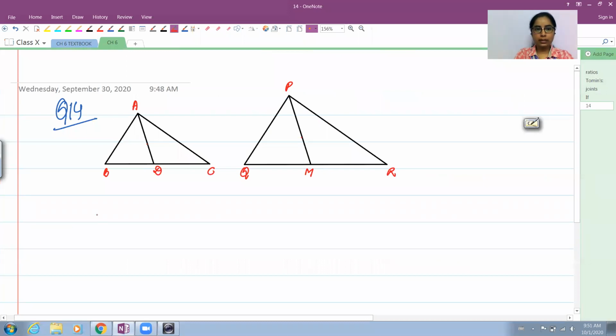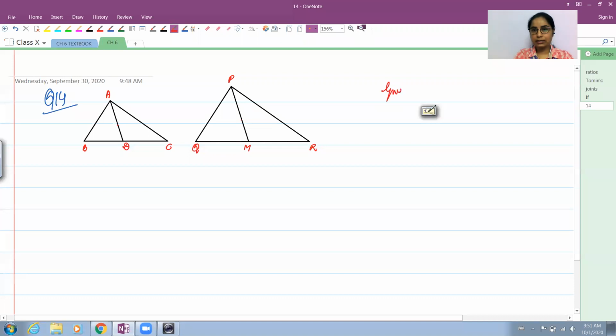Before we do anything, let's write down the given and the to prove part. You can simply write that on your own. I will be writing the construction here. Remember, the purpose of this construction is to prove angle A equals angle P. That's why I am doing this construction.